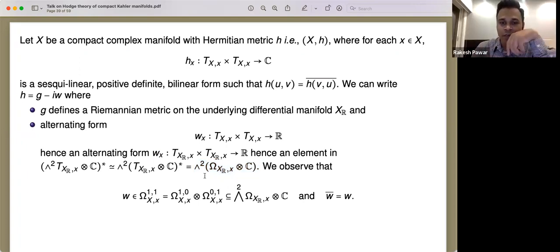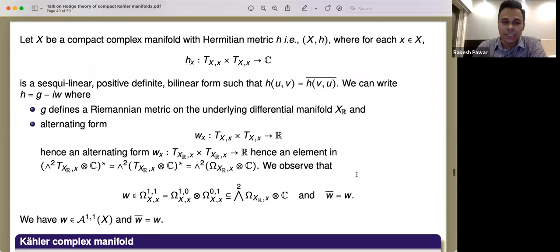But it will turn out that W will actually land in the (1,1) piece, so it doesn't have (2,0) and (0,2) components. So it's some checking that one has to do. And moreover, since it's real valued, W conjugation is the same as W.